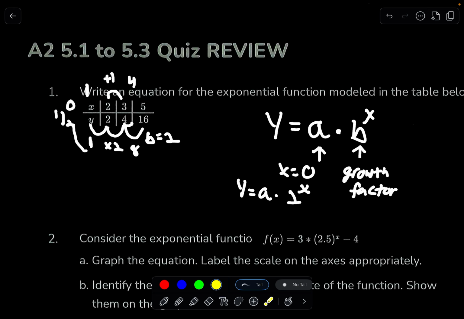So 1/2 multiplied by 2 gives us 1, then 2, then 4, then 8 right here in the middle at x equals 4, and then 16. That tells you a is 1/2. So our function would be y equals 1/2 times 2 to the x, and that's the equation.